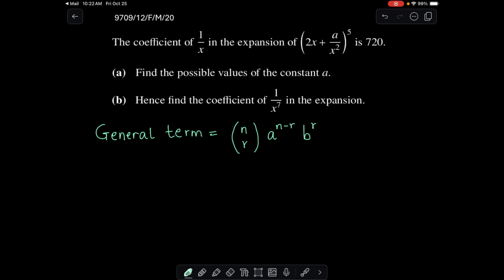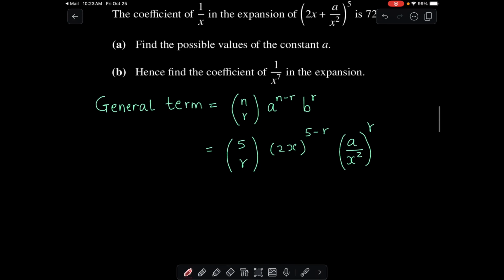So I'm going to now calculate the coefficient of 1 over x. If you remember, you could write down an equation to calculate this coefficient. So now first let us try to substitute what we have over here. So we are having n is 5. We need to find r. A is (2x) to the power of 5 minus r. B is (a over x squared) to the power of r.